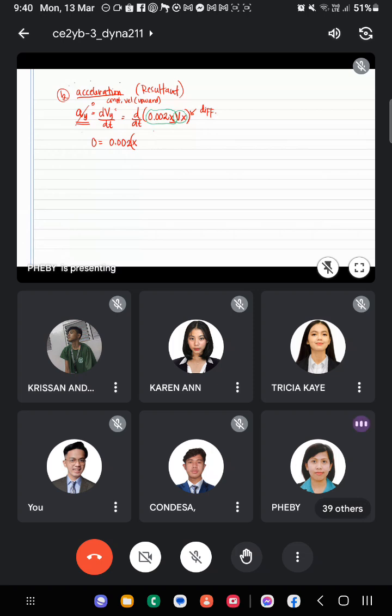So, product rule. X, the derivative of Vx is dVx, plus Vx multiplied by dx over dt. Product rule.